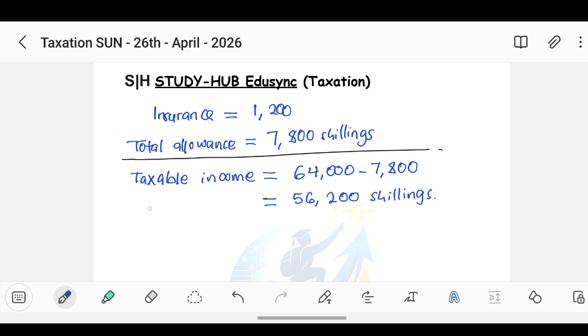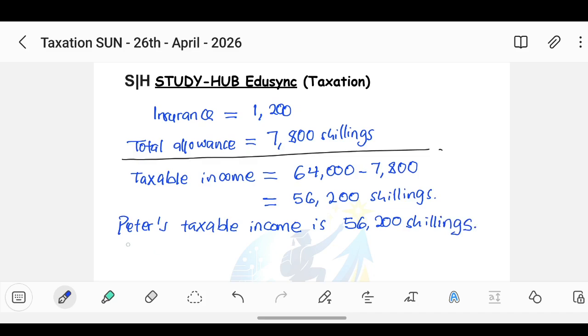So since the question wants taxable income, Peter's taxable income is 56,200 shillings. Like that.